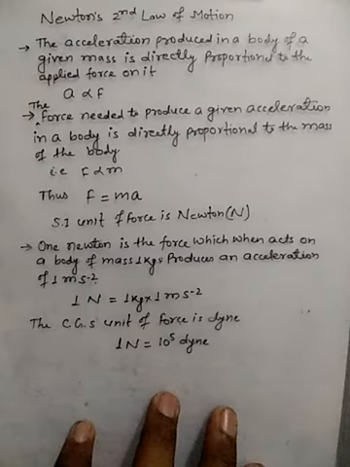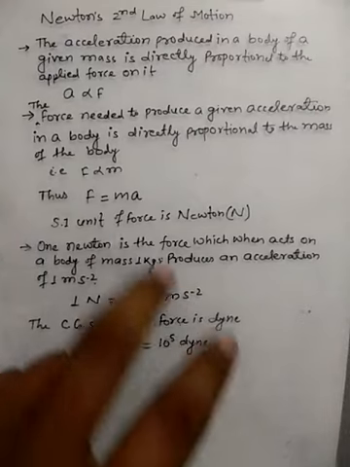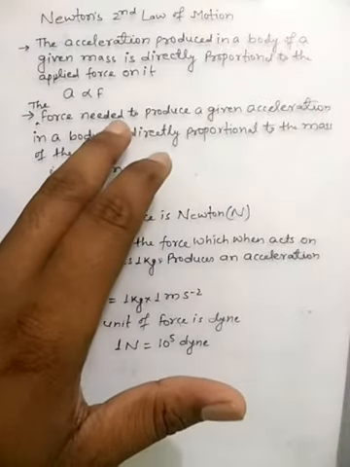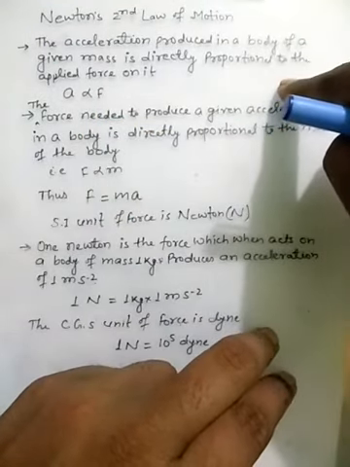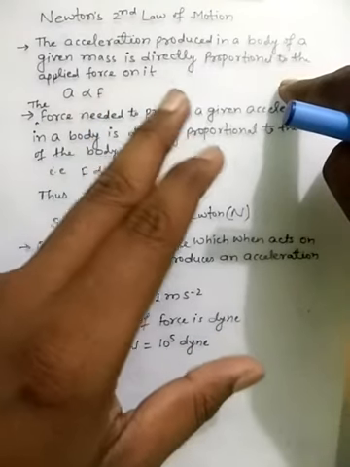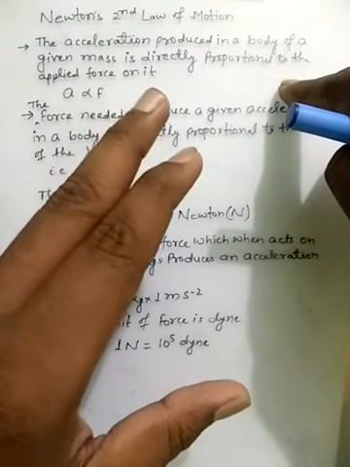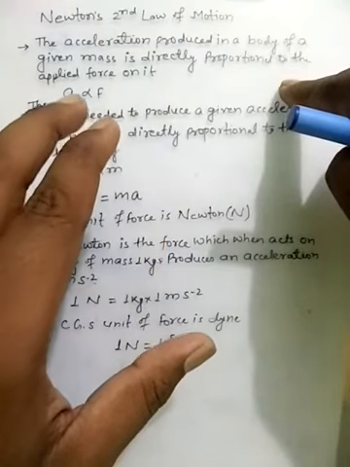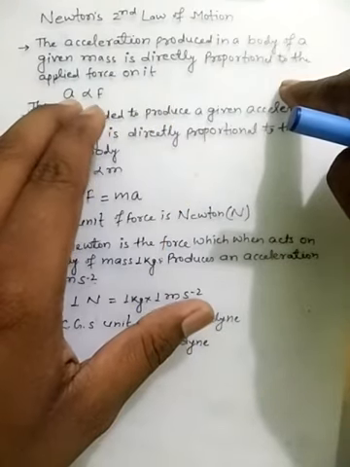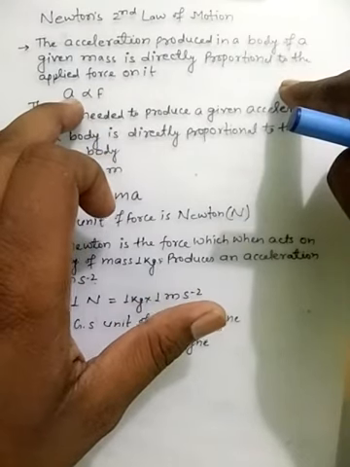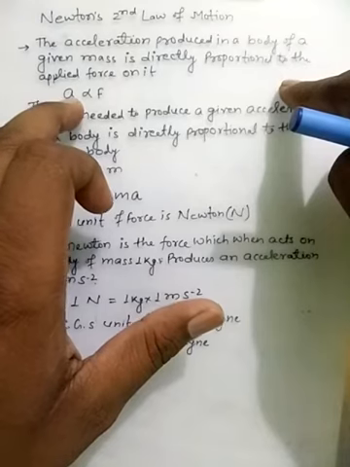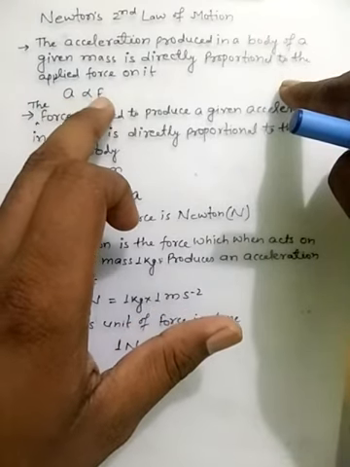Now, today we will discuss Newton's second law of motion. It states that the acceleration produced in a body of a given mass is directly proportional to the applied force on it. That is, A represents the acceleration and F represents the force.